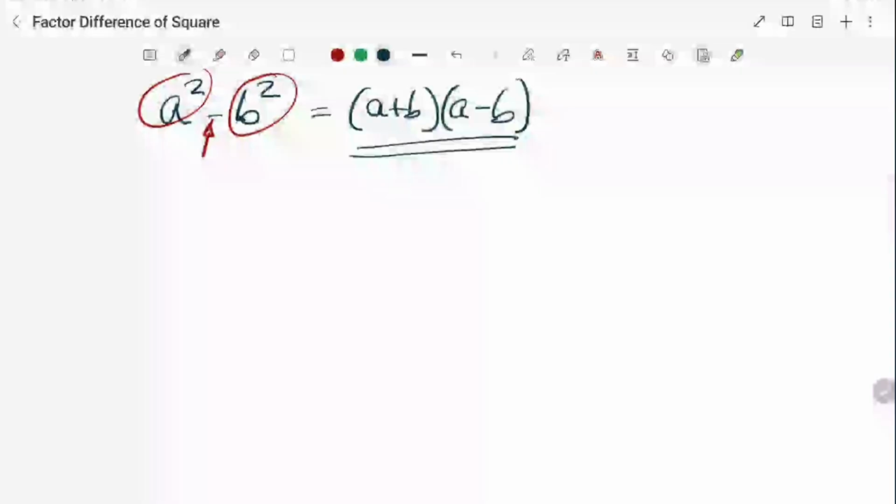For example, the exercise 16x to the square minus 81. If we can determine that this couple of terms comes from the square of one expression, we are in presence of the difference of the square.